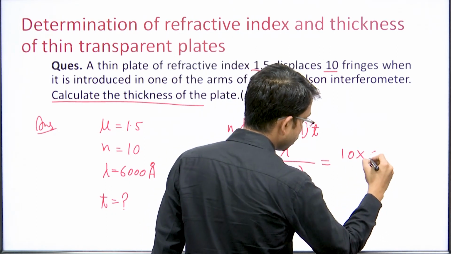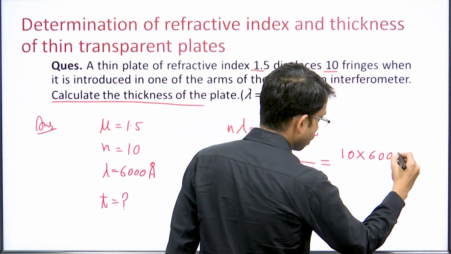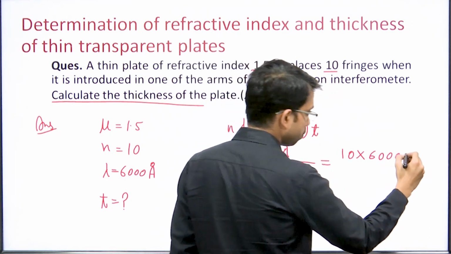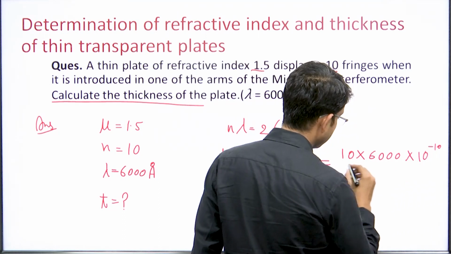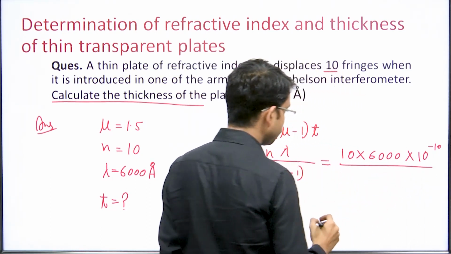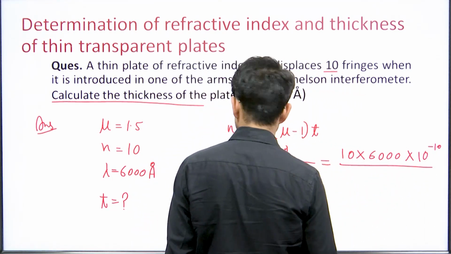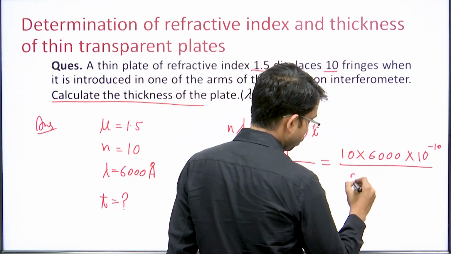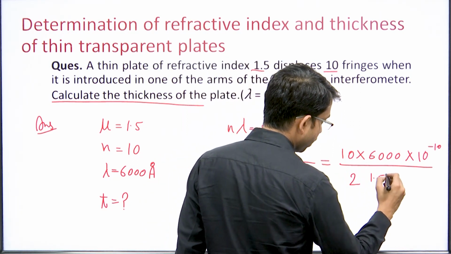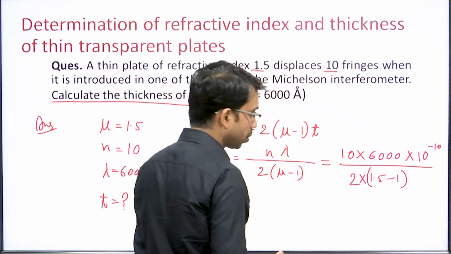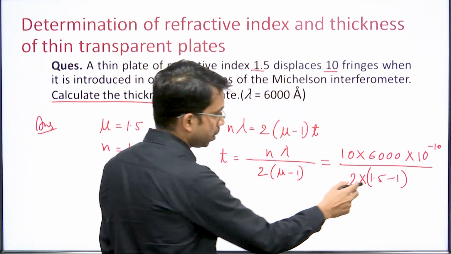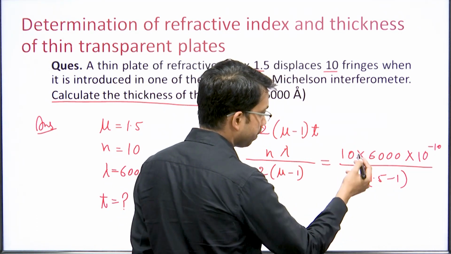What is lambda? 6000 angstrom, that is 6000 into 10 to the power minus 10 meters, and 2 into 1.5 minus 1. Okay. So, this will be 0.5 and 2 into 0.5 is 1.